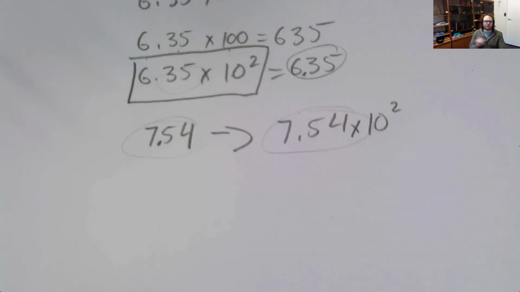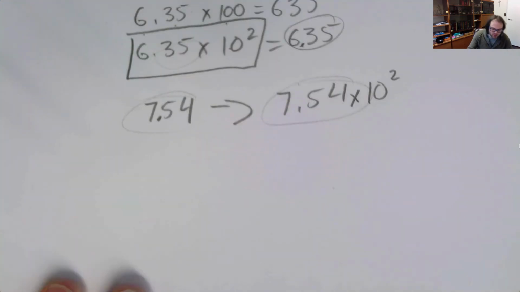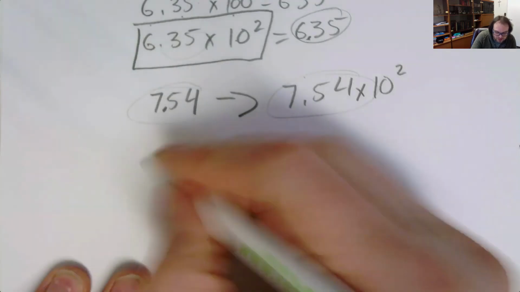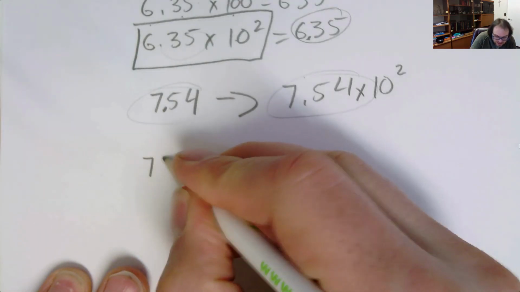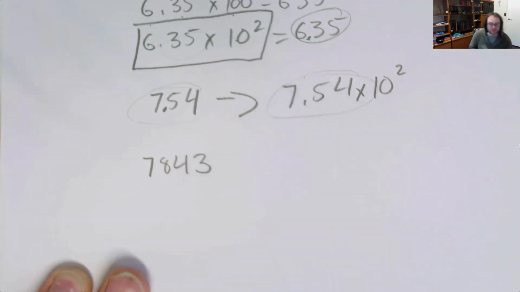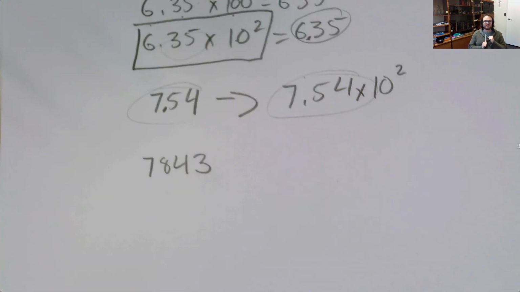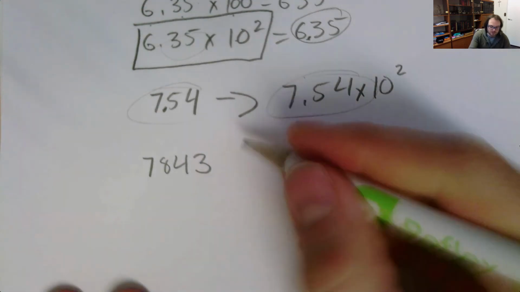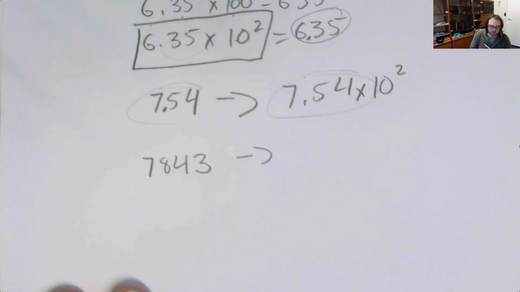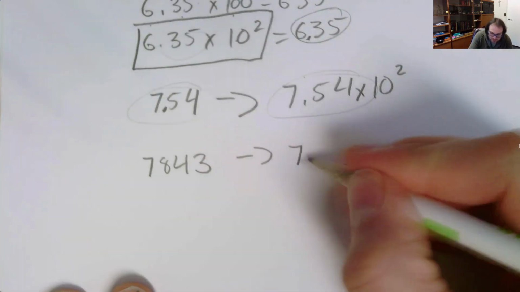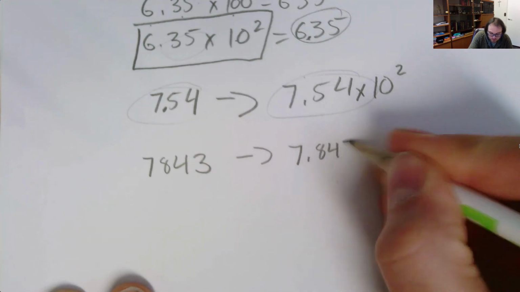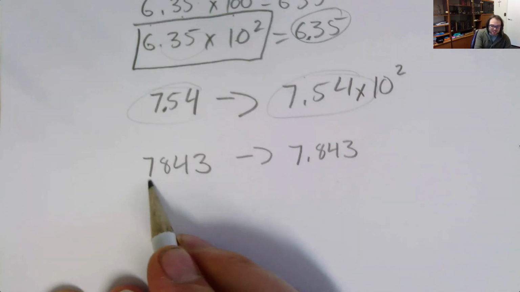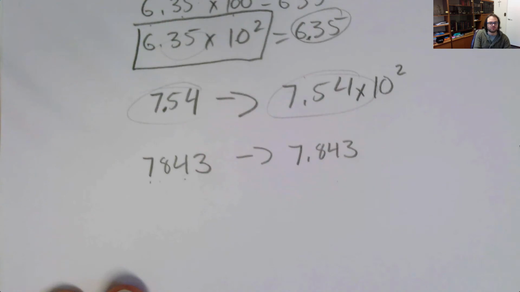Let's try another one here. Let's try 7,843. Now I want that in scientific notation. Okay, so what is that equal to? Well, I want the decimal here, 7.843. Now I look at this, this is actually 7,000.